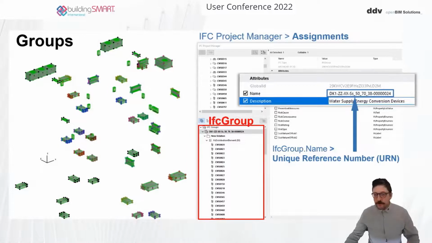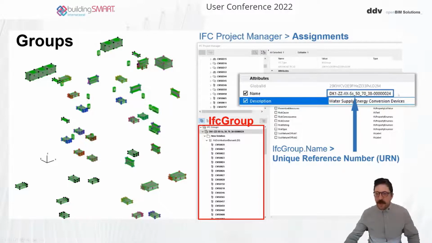And also, what about other ways of delivering information within our IFC models? What about assignments? What about IFC groups? We can create IFC groups. We can group elements according to different needs.